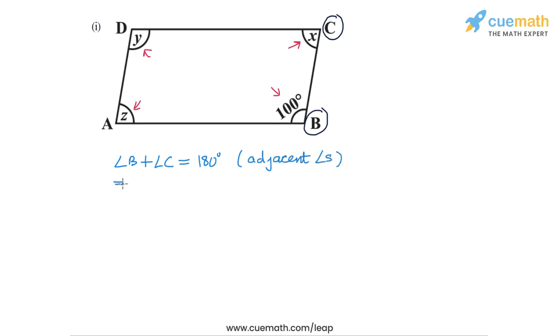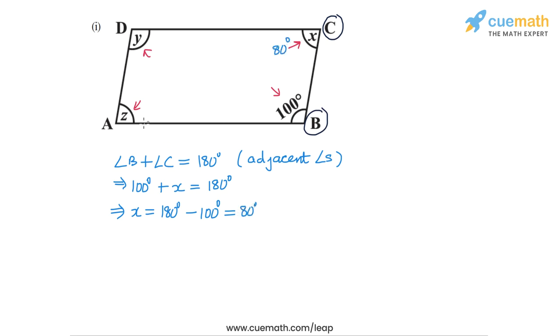So angle B is 100 degrees and angle C is x. So 100 degrees plus x is 180 degrees, and this gives us x equal to 180 degrees minus 100 degrees, or 80 degrees. So the measure of x is 80 degrees.